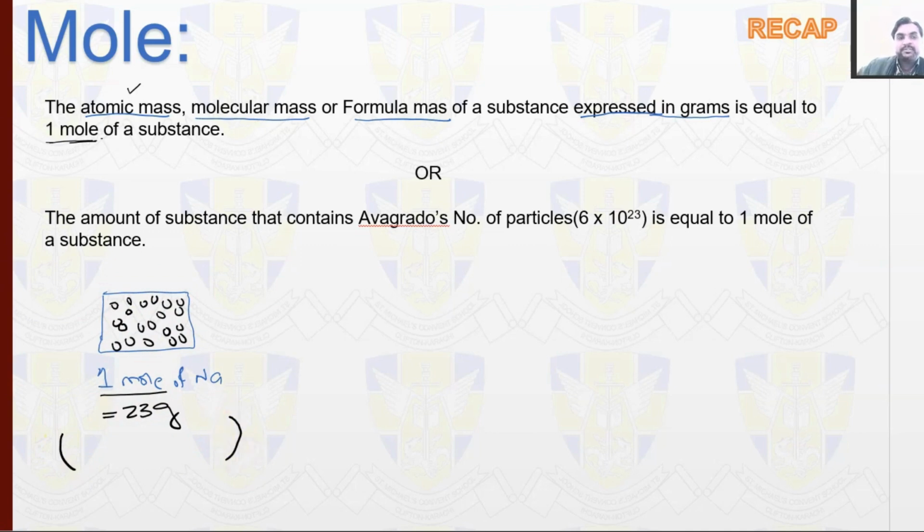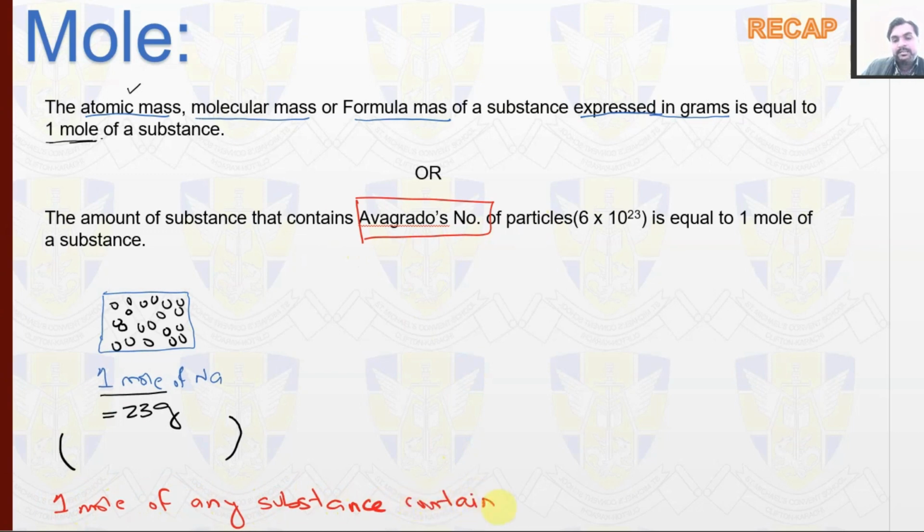So there is a scientist whose name is Avogadro. Avogadro has done this part for you; he calculated the number of particles in 1 mole. He says that 1 mole of any substance contains 6 into 10 raised to power 23 particles.